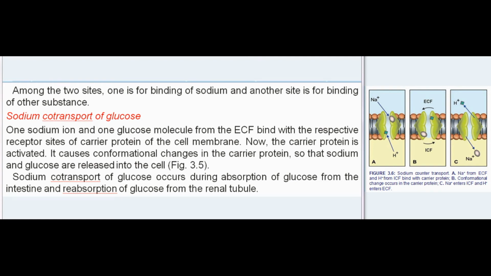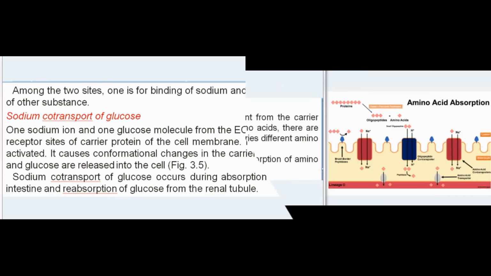Now, the carrier protein is activated. It causes conformational changes in the carrier protein, so that sodium and glucose are released into the cell, Fig 3.5. Sodium cotransport of glucose occurs during absorption of glucose from the intestine and reabsorption of glucose from the renal tubule.